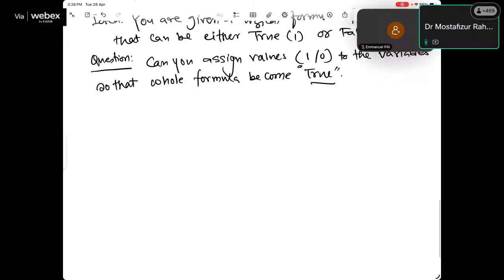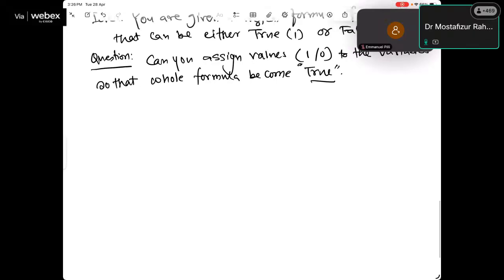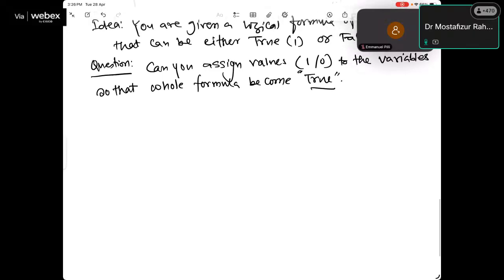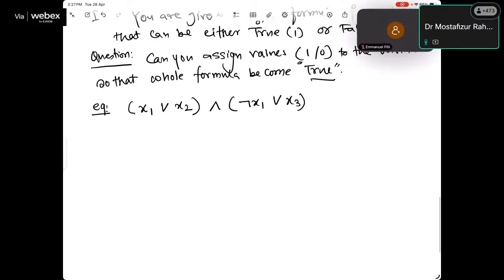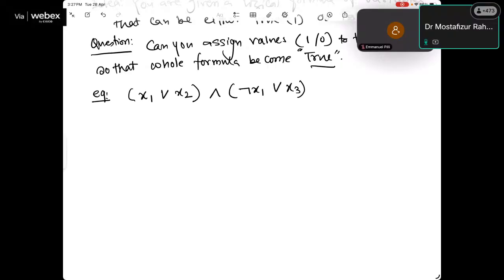So let's take an example to understand this. Suppose (x1 or x2) and (not x1 or x3). These are just notation, and if you have forgotten, I'm writing what this means.